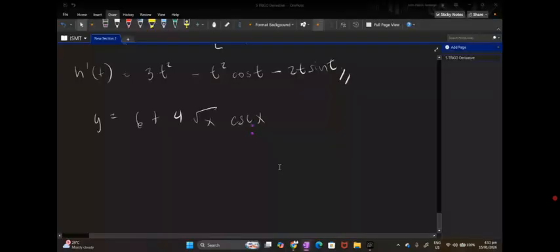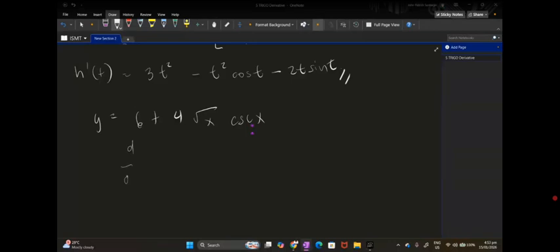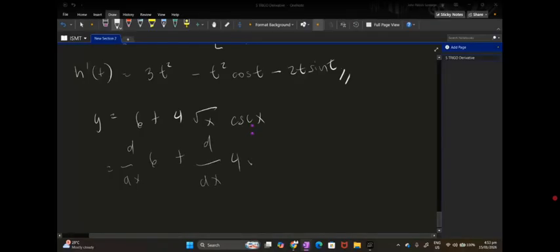Now, the derivative. So, the derivative of 6 plus 4 square root of x cosecant of x.